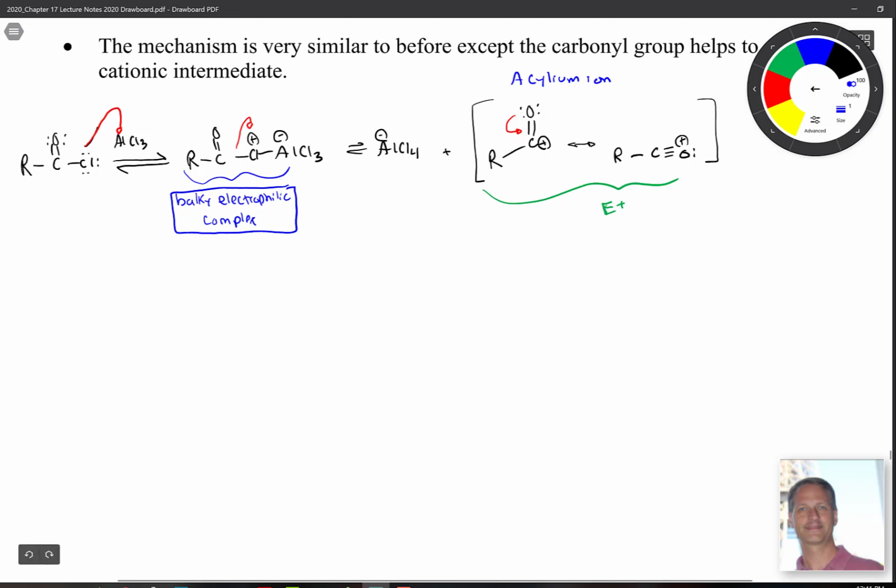So the main reaction here is not dissimilar to what we saw before. So here's our benzene. Here you have your R group with your acylium ion here. So we're going to swing around and we're going to do that. That is going to give us our carbon, double bonded O, and your R group, just like this.